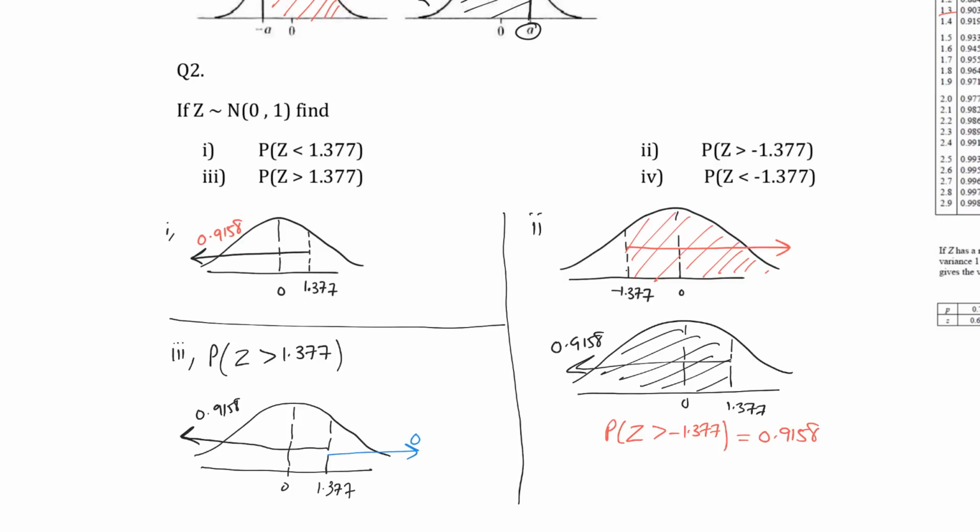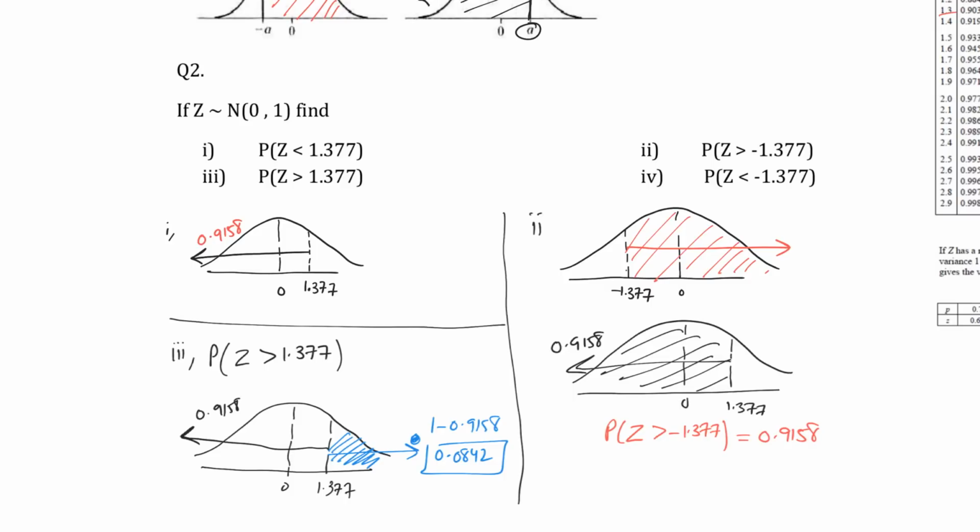The way you will find this tail area is 1 minus 0.9158. So you get 0.0842. That's the probability for z greater than 1.377.